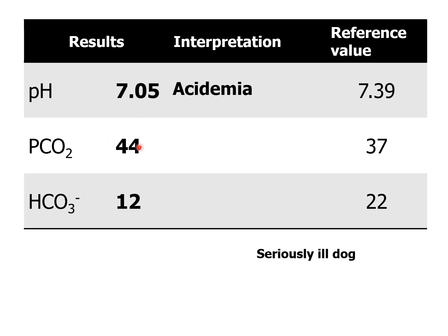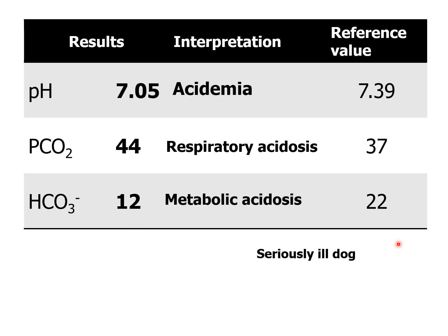So the PCO2 is higher compared to the reference value, so therefore we can say that this is a type of respiratory acidosis, because in respiratory acidosis there is an increase in the PCO2. How about for the bicarbonate? The bicarbonate is low as expected for metabolic acidosis. In metabolic acidosis, there is a loss in bicarbonate. So we can also say that this is a case of metabolic acidosis.